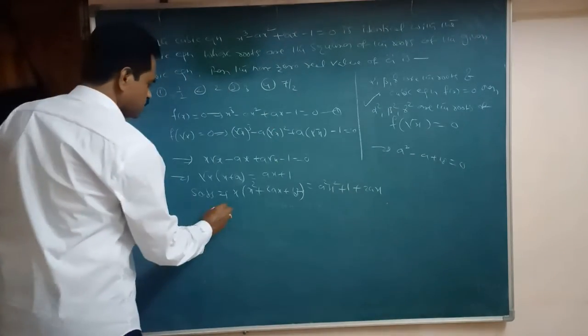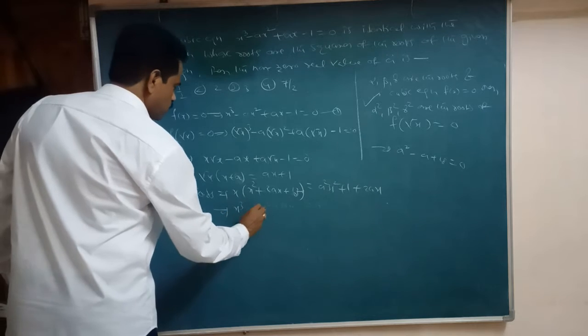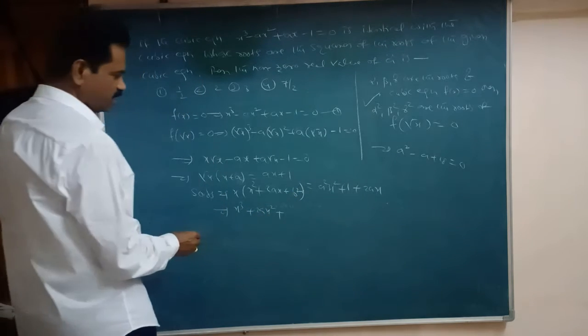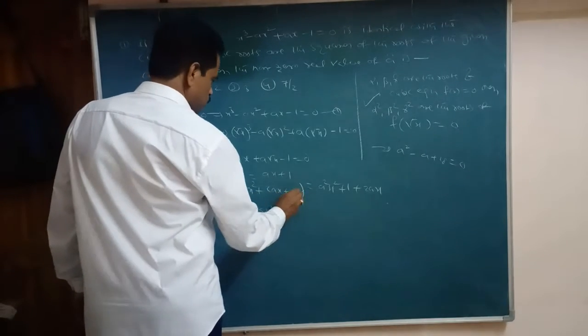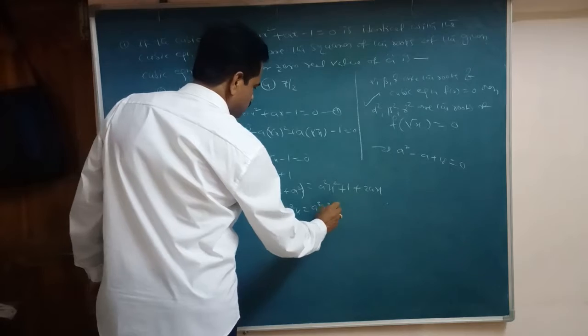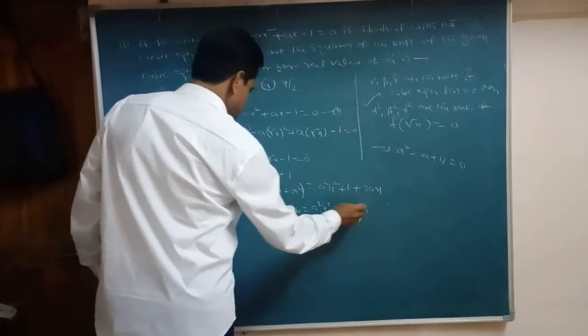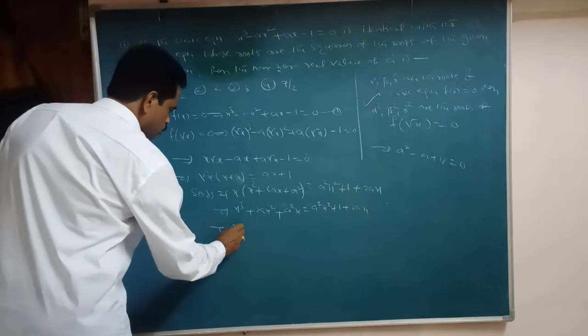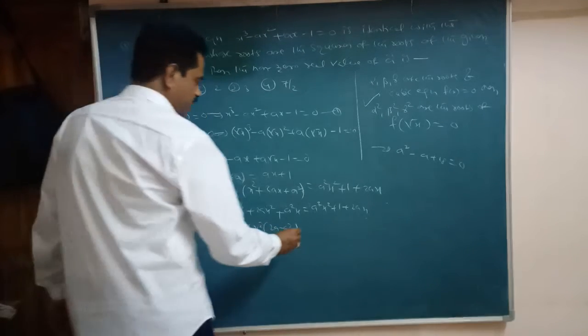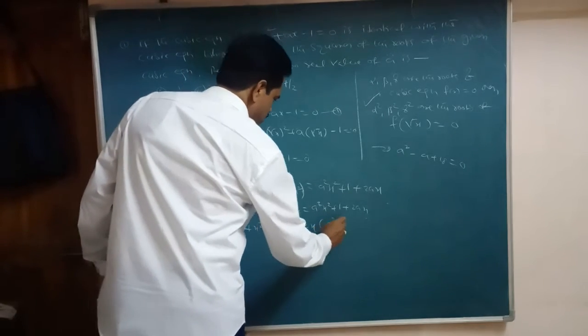Now multiply. So that implies x cube plus 2ax square plus a square x is there. So that is a square x equal to a square x square plus 1 plus 2ax. So that implies x cube, x square common, 2a minus a square, here x common, a square minus 2a minus 1 equal to 0.